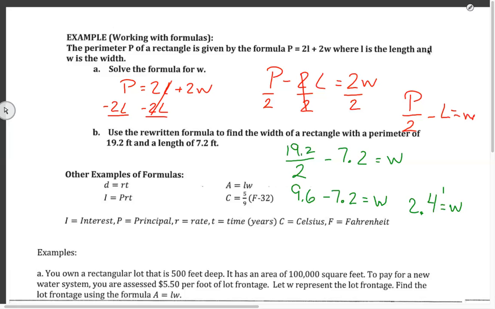Okay. So in Europe, they use Celsius, which is, here, if I plug in like 98 degrees here, if I do 98 minus 32, I get 66. And if I times that by 5 ninths, I get 36 degrees.